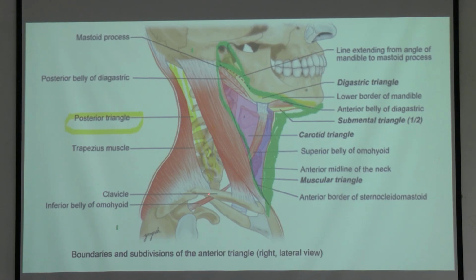Similarly, the omohyoid muscle has a superior belly and an inferior belly, and in between we get a central tendon. So this digastric muscle and the omohyoid muscle divide the whole anterior triangle into several other sub-triangles.